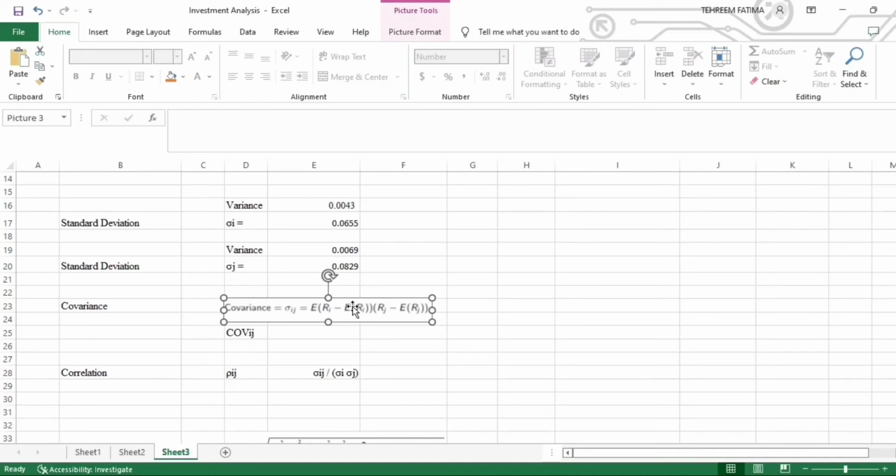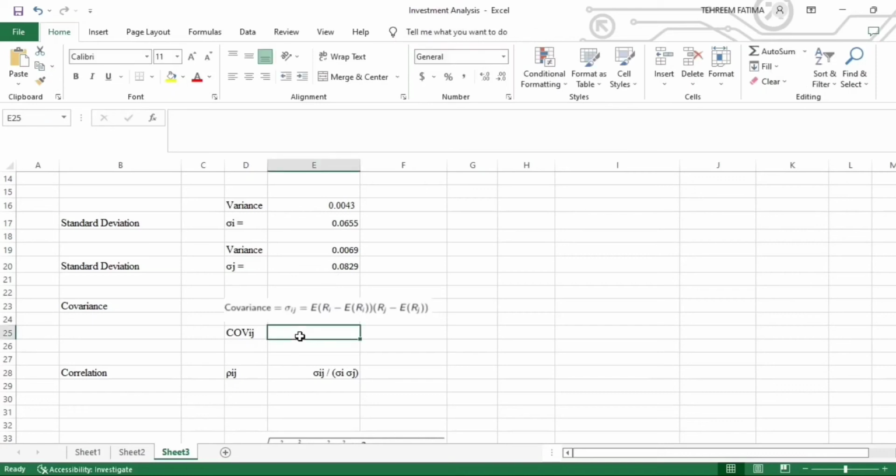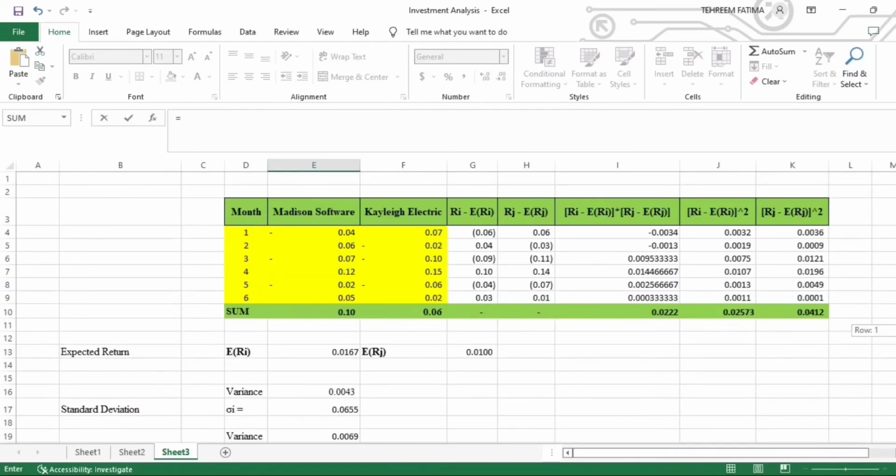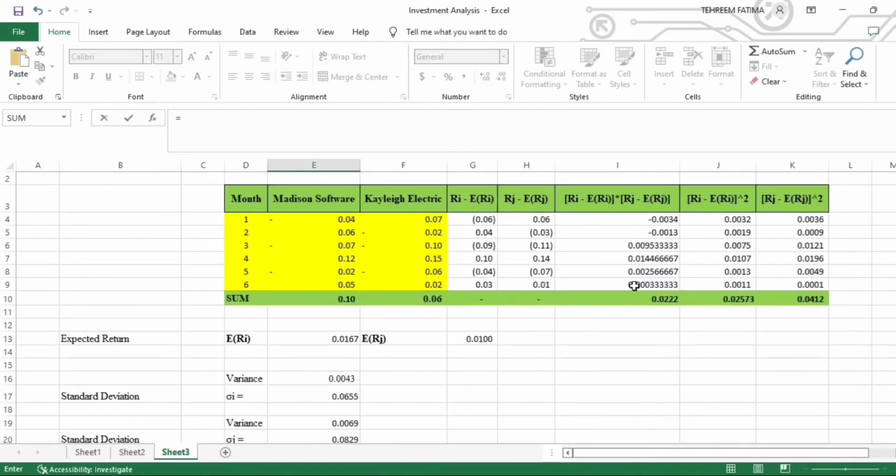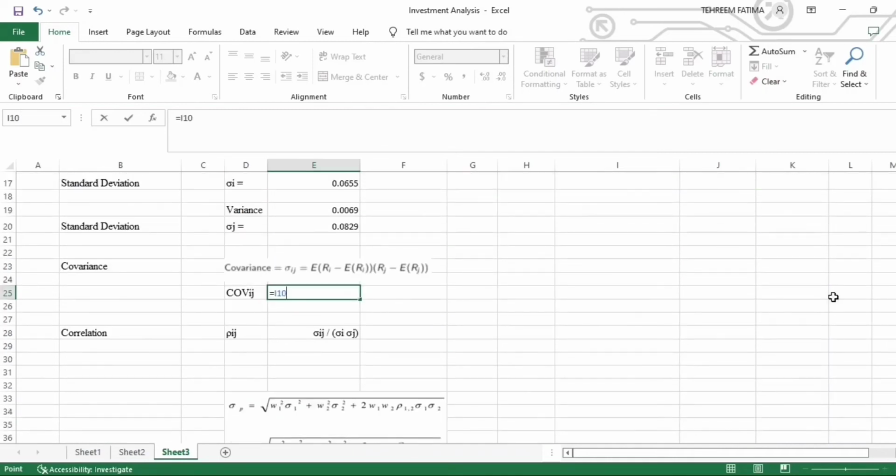So let's measure covariance of Madison and Kayleigh Electric as per the formula: equals the sum product of the multiplication of rate of return minus expected rate of return for both companies, this value, divided by the number of periods, 6, enter.